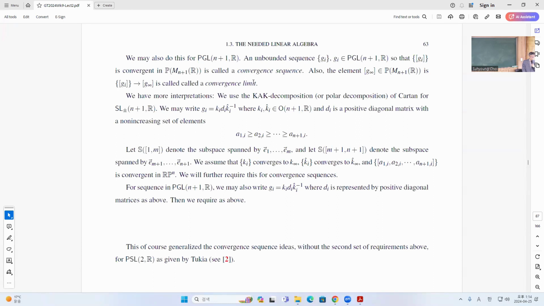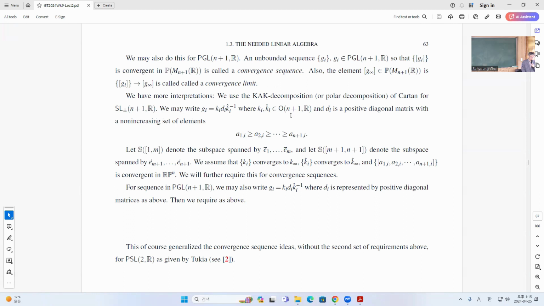So these are useful theories, and you can also do this for PGL(n,R). Of course, this was originally developed for SO(2,1) by Tukia, but these are just a subset of these kinds of theories. And then we have a KAK decomposition, or polar decomposition, Cartan decomposition.